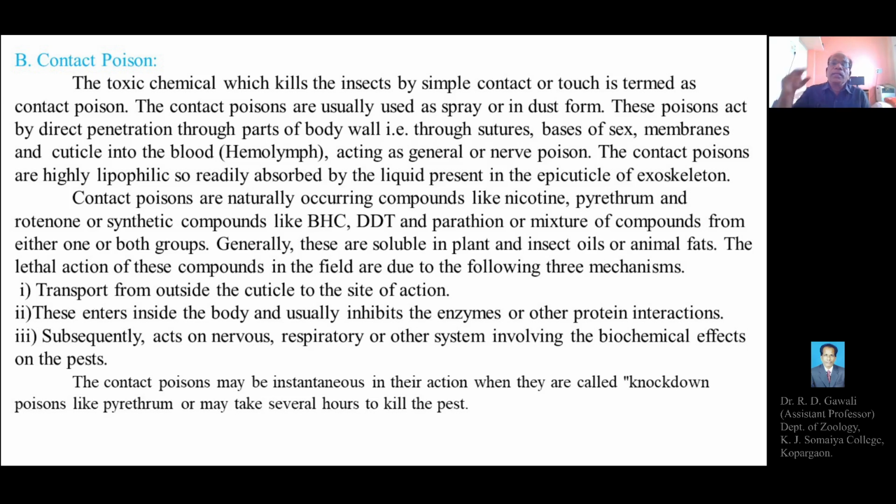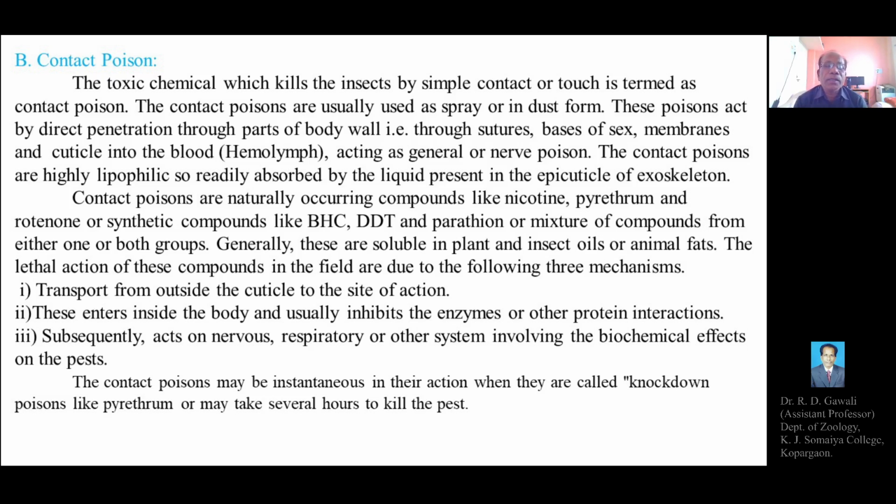Second, inhibition of enzymes or interaction of these contact poisons: when they reach the body of the insect pest, they react with different enzymes or interact with different proteins. And thirdly, it can produce its toxic effect on the nervous system, respiratory system, and other systems involved in the biochemical effects on the pest.